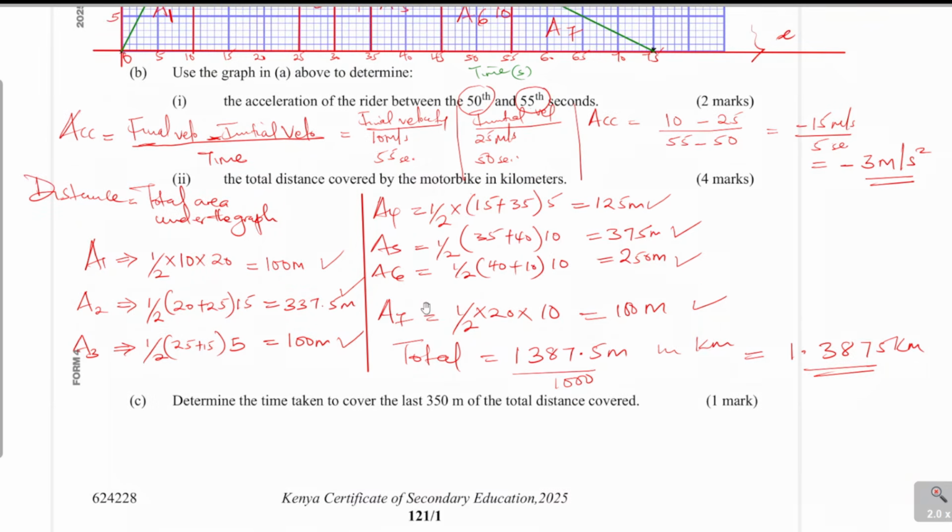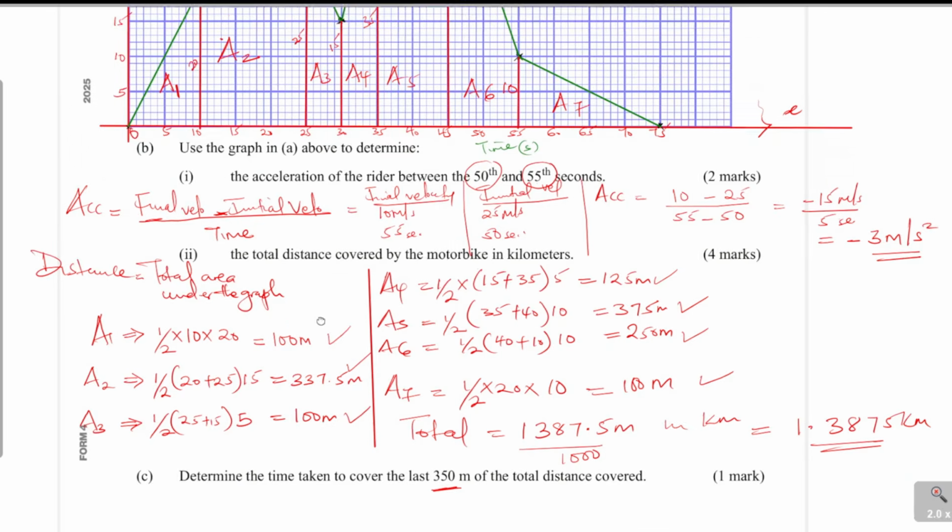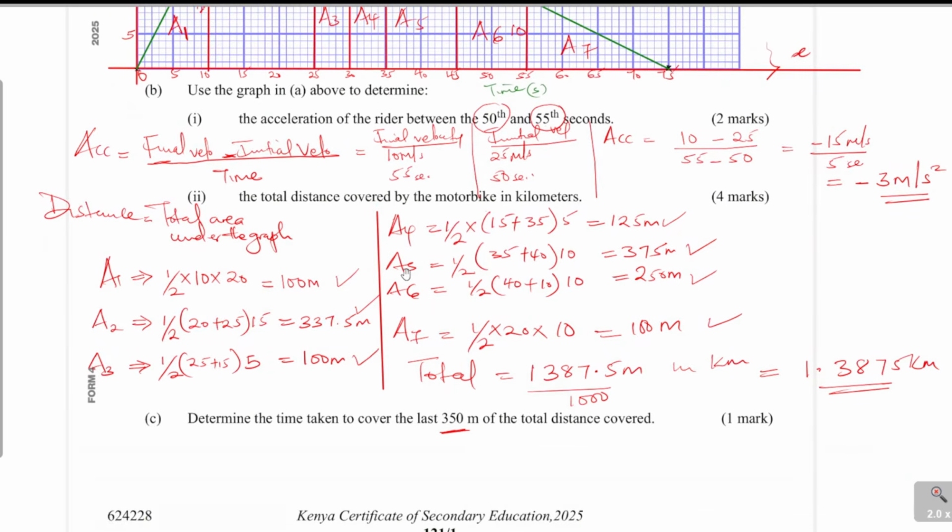We go to the last one. Determine the time taken to cover the last 350 meters of the total distance. We can get this one from our working and from the diagram. Remember, the last 350 meters are here.